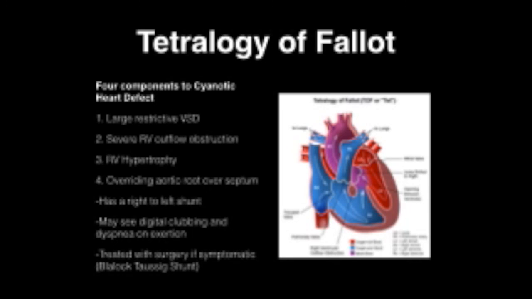Digital clubbing is something we see typically with chronic hypoxia. There's a surgery called a Blalock-Taussig shunt, a shunt we put in the great vessels to basically feed blood into the oxygenated blood on the left side of the heart, sort of bypassing all this.